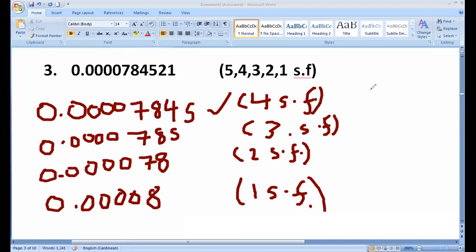All right, and you start counting at the 7. So you put the imaginary line between the 8 and the 4. Examine 4, and you know it's less than 5, so leave it.